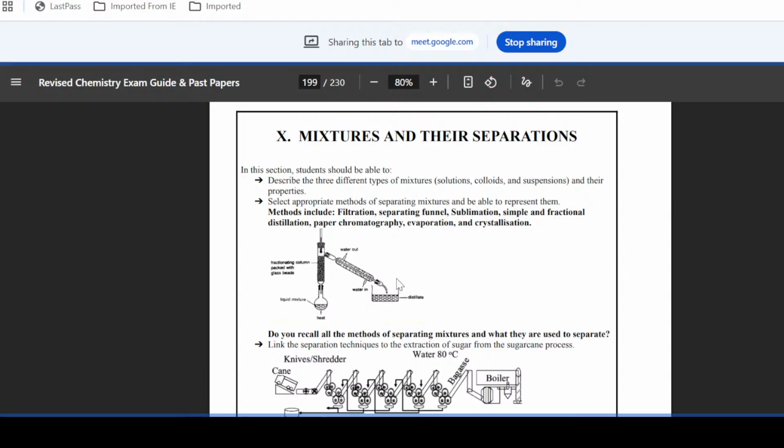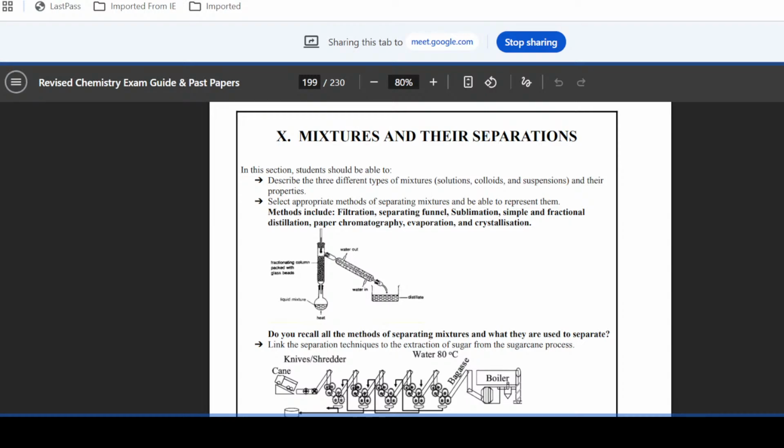So if it's a mixture of say ethanol and water, that would be fractional distillation. Since it's two liquids, you can get back the alcohol, since the ethanol has a lower boiling point than water.